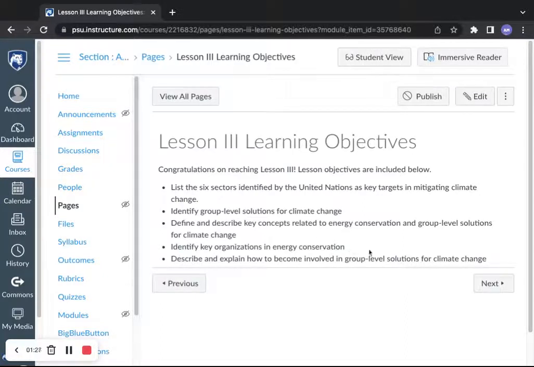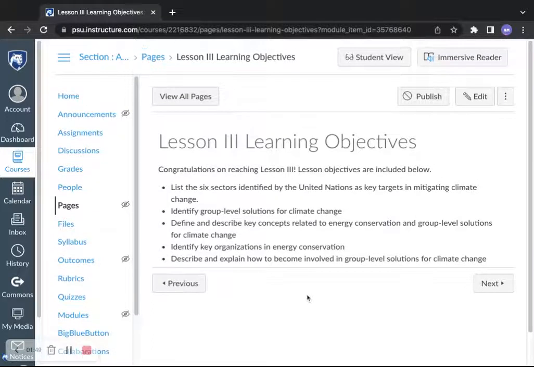So in the last 2 lessons, we looked at climate change overall and how all of that works. So what are the impacts of climate change? What are the causes? And now we're getting into our energy conservation piece, which I will try to say conservation and not conversation, and what that can entail.